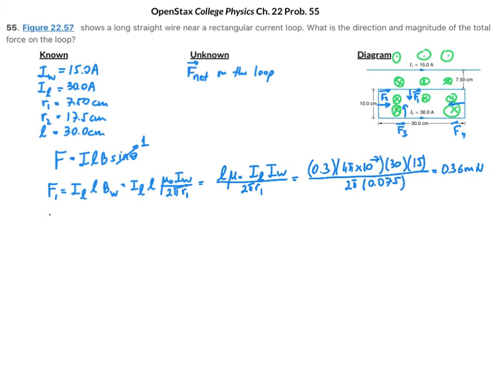Let's look at force 3 next. That will be the current in the loop times the length of that portion of the wire times the magnetic field due to the wire. That is I_L times the length times the magnetic field due to the wire, so mu naught I_W divided by 2 pi times the distance. Now the distance from the wire to this part of the loop is 7.5 plus 10 centimeters, and I called that already R2.